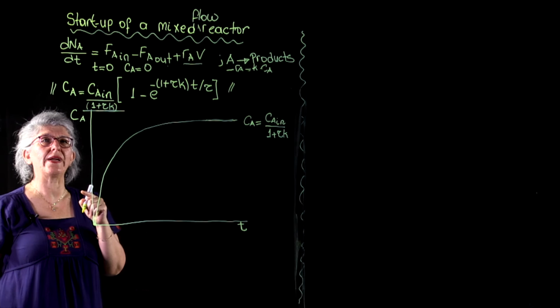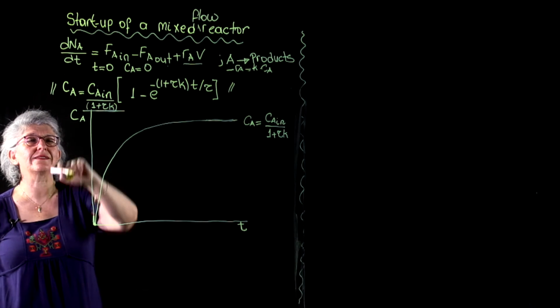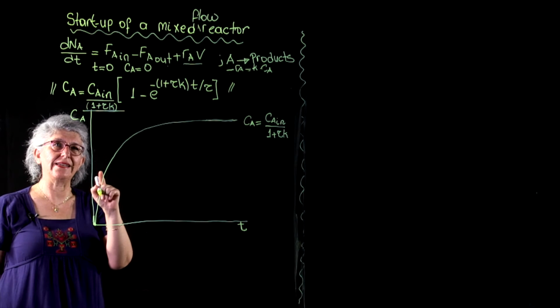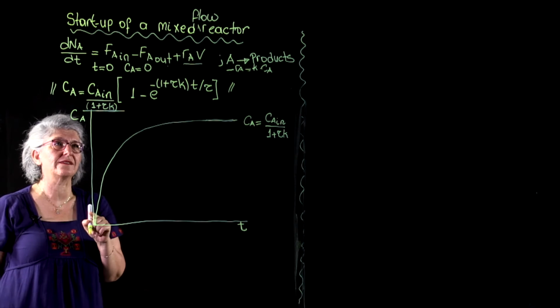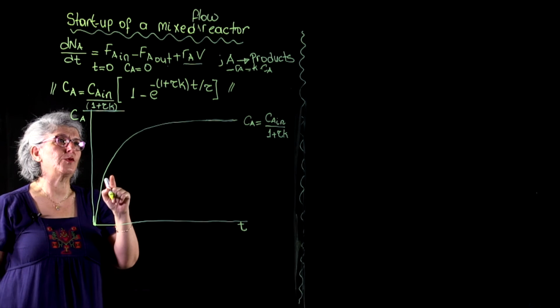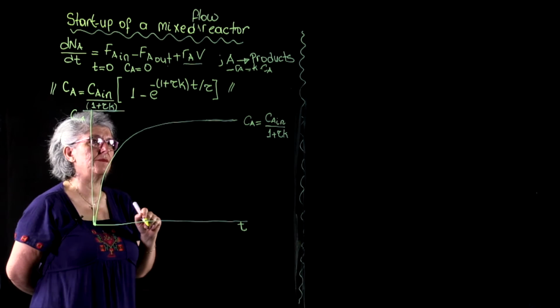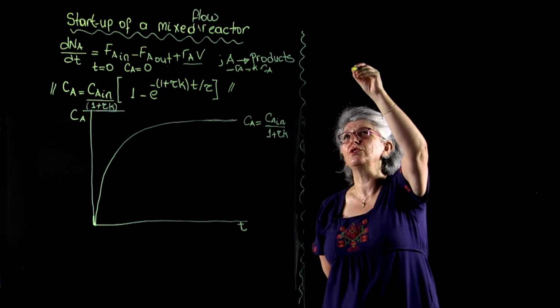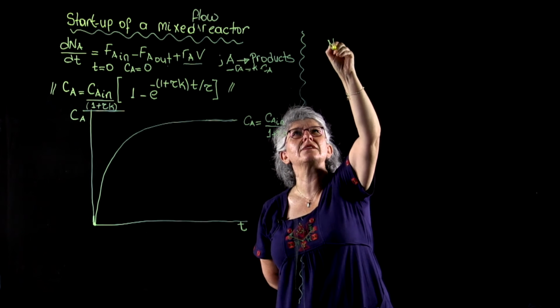First, I'm going to make the concentration non-dimensional by dividing it by Ca in, the inlet concentration, which is a constant. And I'm going to non-dimensionalize the time by dividing it by the space-time. So I have two non-dimensional quantities.